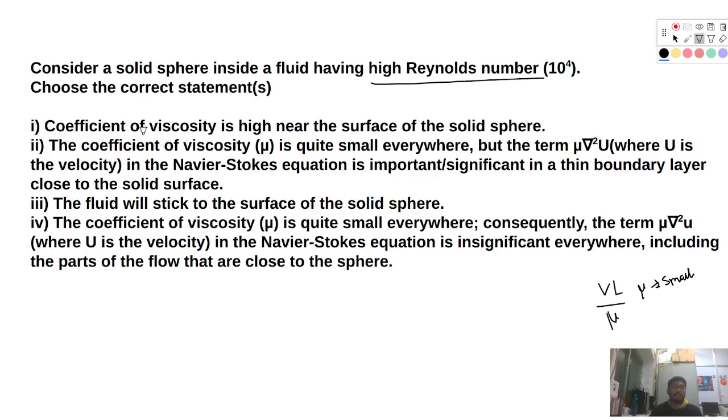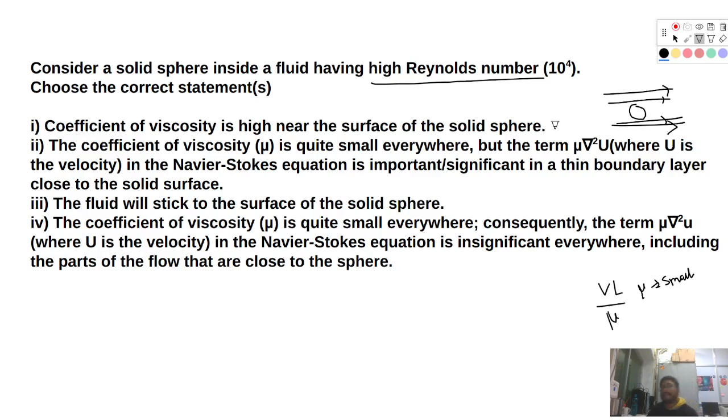So the first one is, coefficient of viscosity is high near the surface of the solid sphere. So you have some fluid here which has a high Reynolds number, and you have immersed a sphere in between, and it's saying that the coefficient of viscosity is high near the surface of the solid sphere.